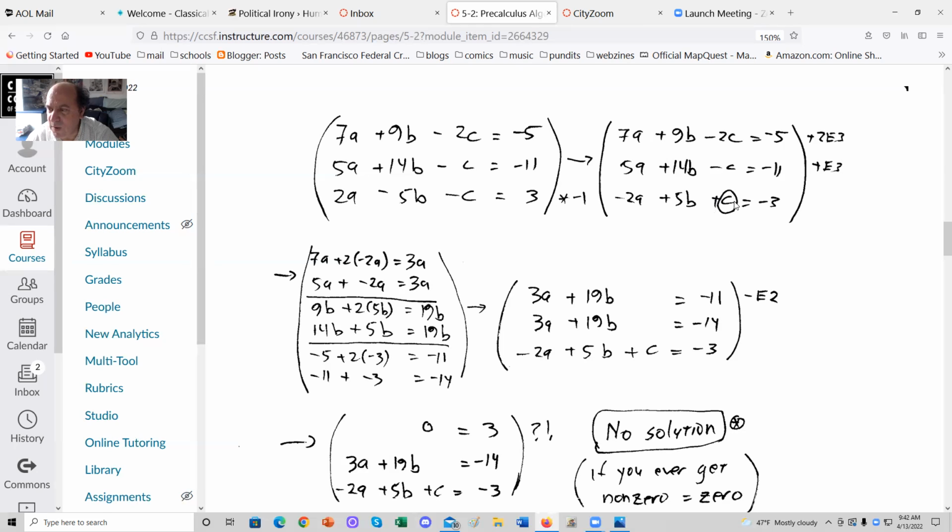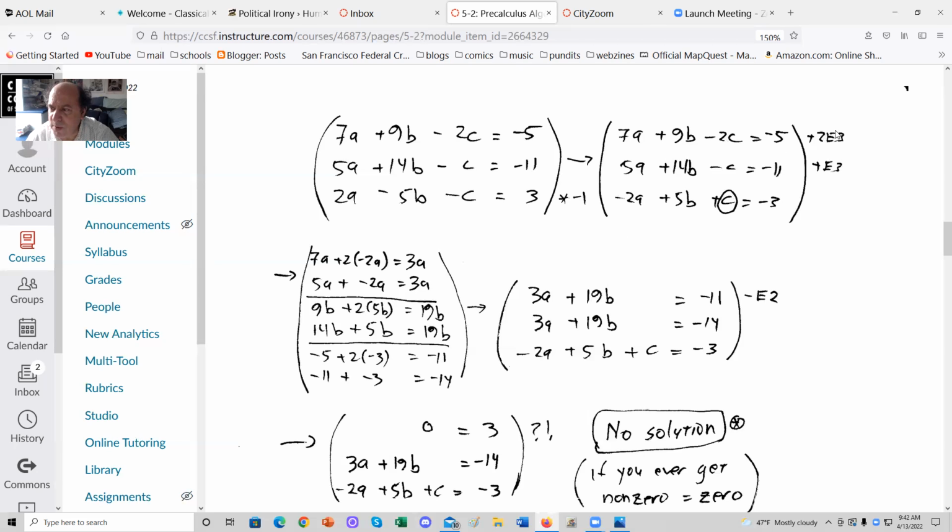If we add equation 3 to equation 2, that c cancels out. If we add twice equation 3 to equation 1, that c cancels out. And okay, 7a plus twice negative 2a is 3a, goes there. 9b plus twice 5b is 19b, so that goes there.